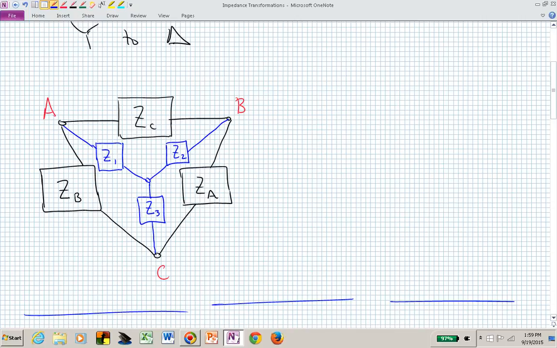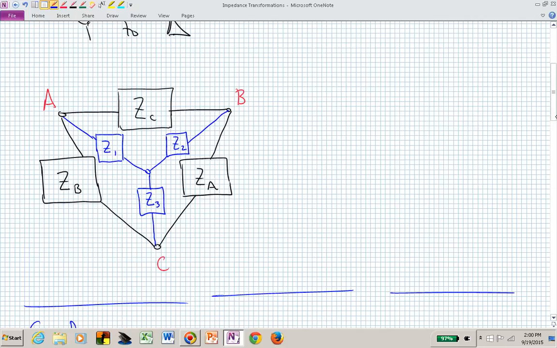whereas in the Y configuration, we are going ABC in correlation with 1, 2, 3, so that the Z1 impedance is touching the A terminal, the Z sub 2 impedance is touching the B terminal, and those Z1, Z2, and Z3 are connected at this mutual terminal of, let's say, a neutral terminal.